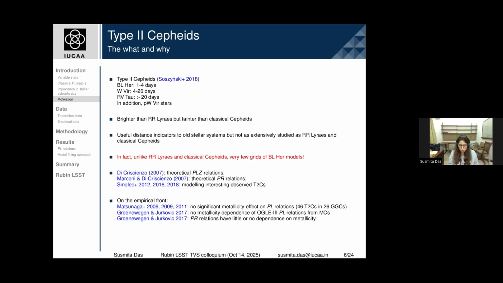So in a situation like this, if we have such a subgroup of classical pulsators that offers the promise of weak or negligible metallicity effect, it provides us a huge advantage over RR Lyrae and classical Cepheids, which are known to exhibit strong effects of metallicity, especially at the shorter wavelengths. So this was our entire idea, to study this from the theoretical perspective and try to verify with the empirical results.